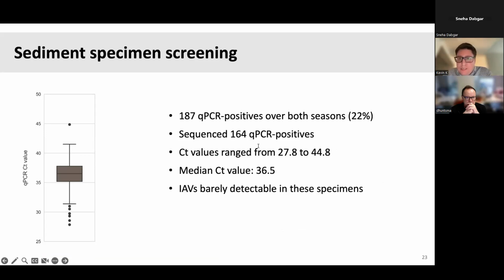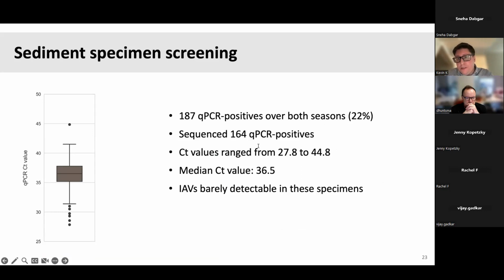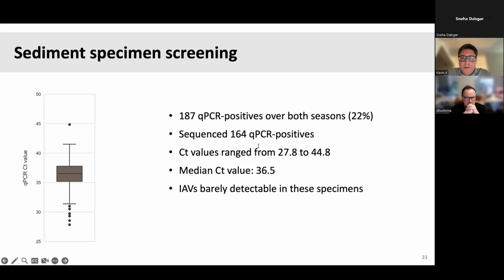So to identify specimens that are actually worth sequencing, we screen everything by qPCR. So we detected flu viruses in 187 sediment specimens, which is a 22% detection rate. We had capacity to sequence 164 of the positives. And this box plot here shows you the qPCR CT values of the specimens that we sequenced.